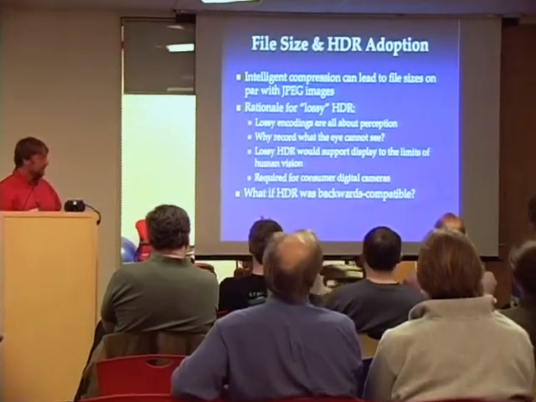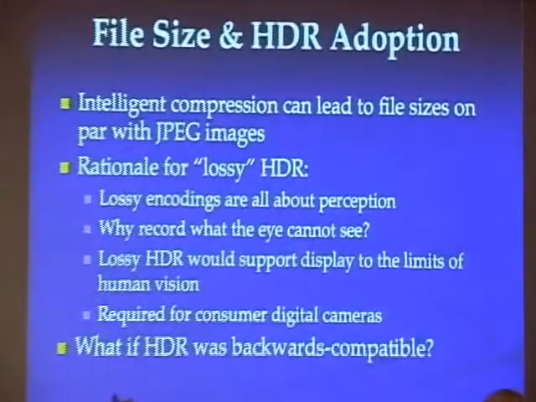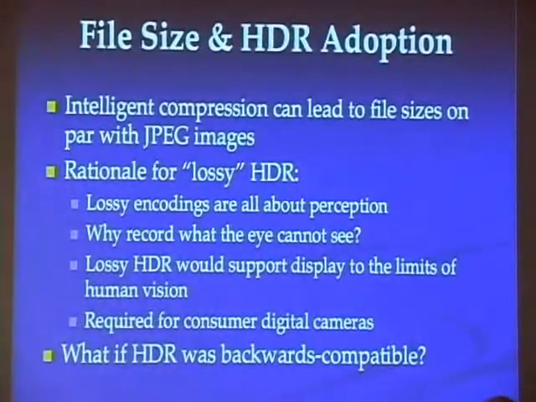So we came up with this idea, this was work I did with Mary Ann Simmons for Brightside Technologies. She's now at Walt Disney. For, as I explained before, including information to take an ordinary JPEG, or actually a JPEG that contains a tone mapped image, and turn it back into the HDR original. So there's some rationale behind this kind of lossy high dynamic range.